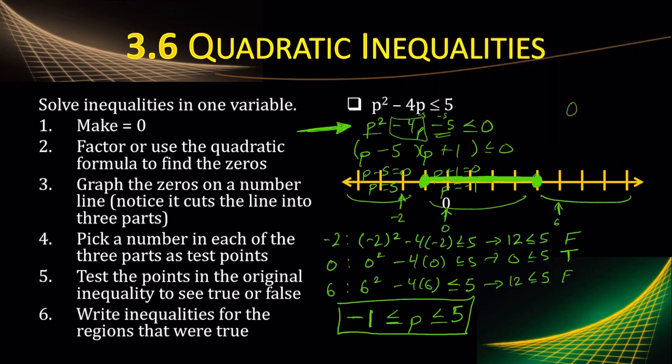So the parabola, if I graphed it, would open up like that. And we want it to be less than 0. So if it's less than 0, that's where it's below the axis. Notice it's below the axis between the -1 and the 5.